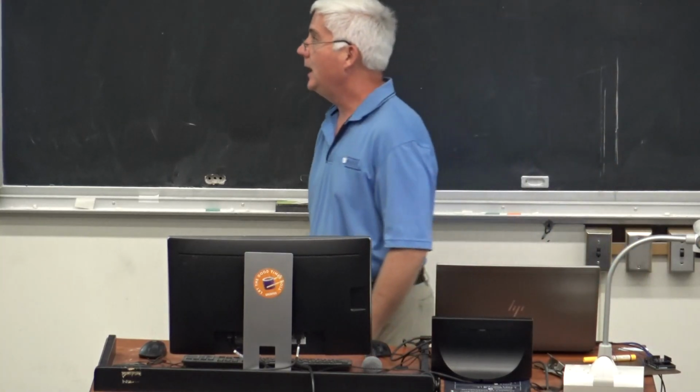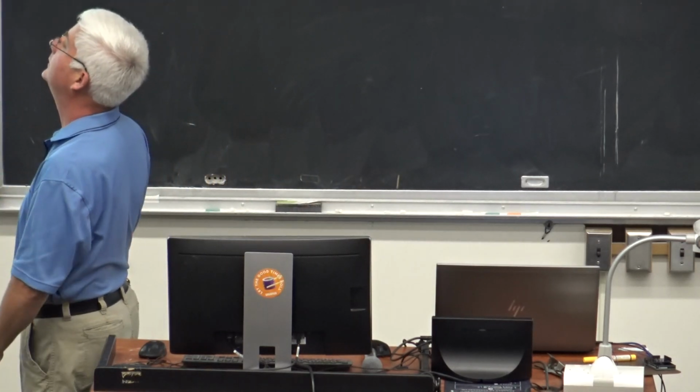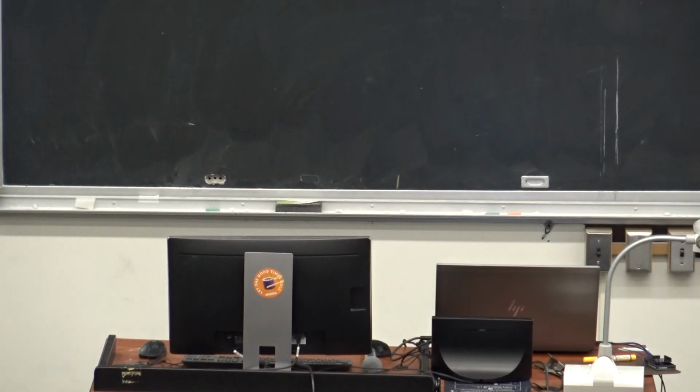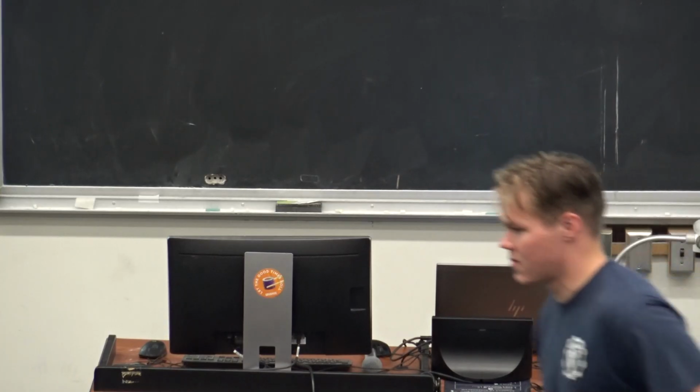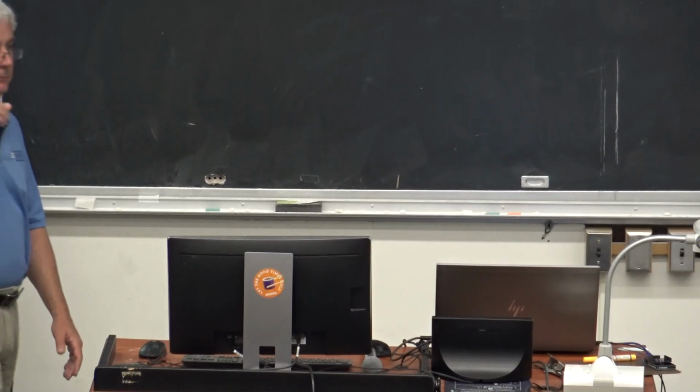Here is the actual Arduino programming environment. First thing you see up there is a subroutine called void setup. That is a setup routine that is going to run just one time.